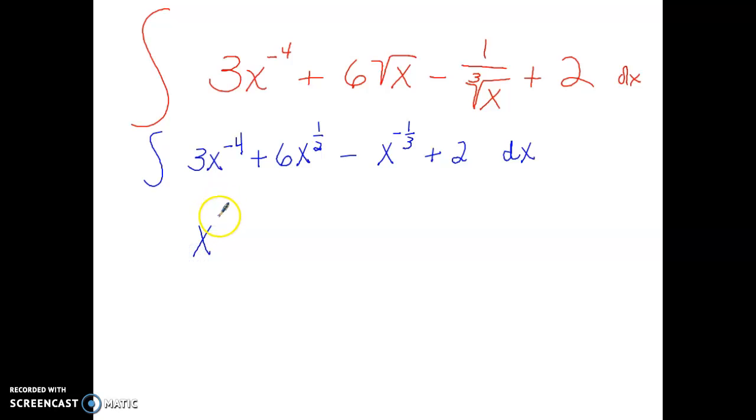So I'm going to add 1 on to that -4. My coefficient would be 3 divided by -3, which is -1. My next term, I need to add 2/2. And then I'm going to take that 6. When I divide it by 3/2, that's the same as multiplying by 2/3.